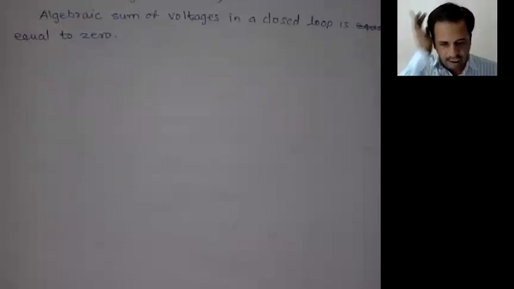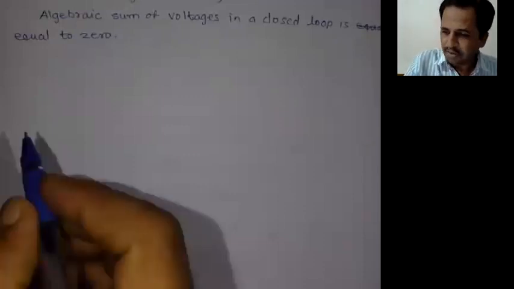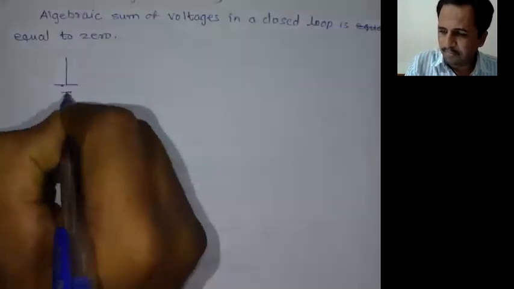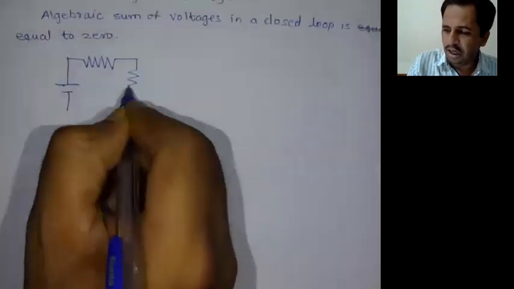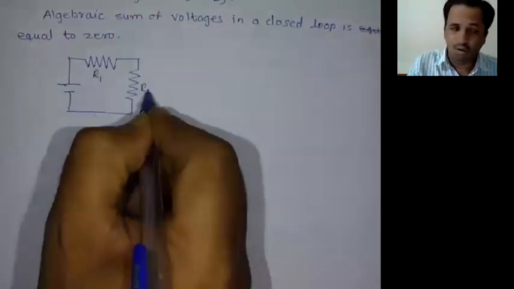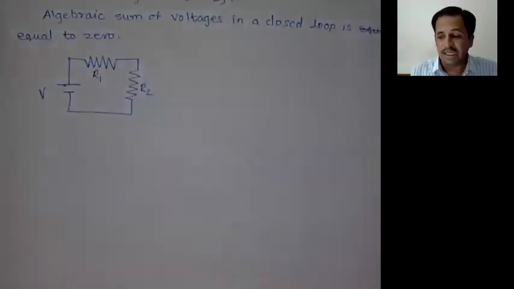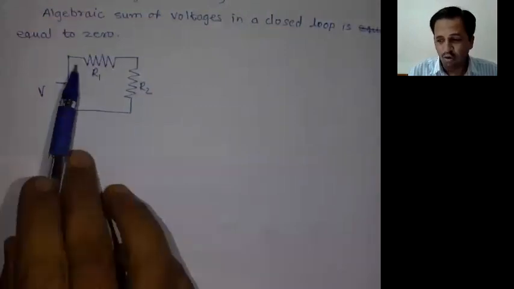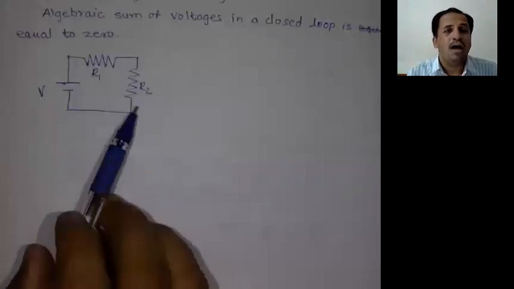Now we have to write the equation by using Kirchhoff voltage law. Suppose we use one source here, another source connected here, and resistances, the first R1 and here R2, with supply voltage V. Now by using Kirchhoff voltage law, whatever amount of voltage is applied is equal to the voltage across the R1 resistor plus the voltage across the R2 resistor.